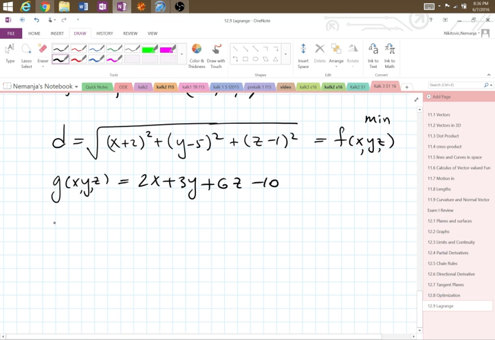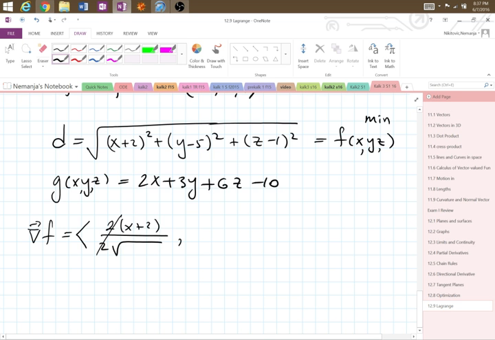Del F, the vector of partial derivatives. Chain rule, and the big square root is preserved. So the derivative with respect to x is 2 times x plus 2, divided by 2 times the square root, and the 2s cancel. Comma.